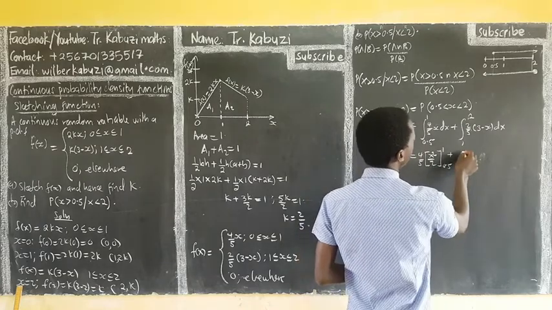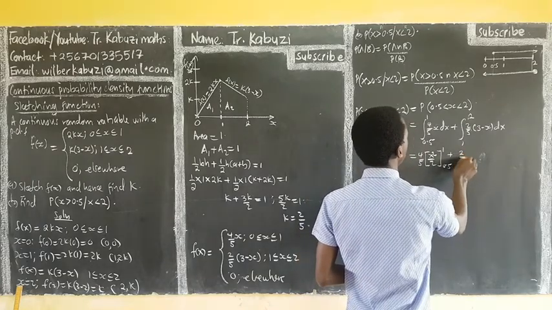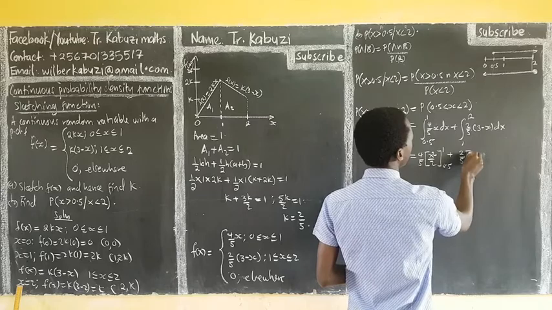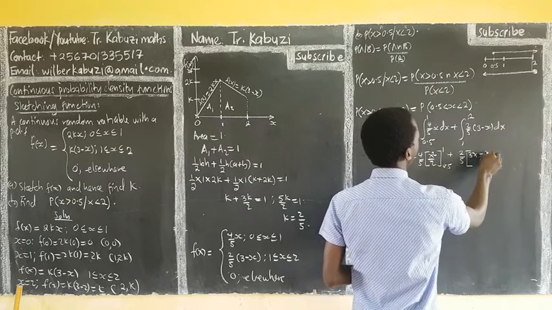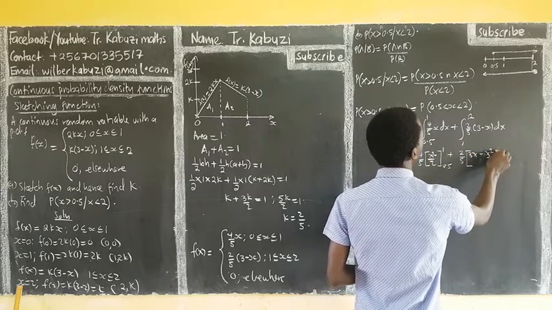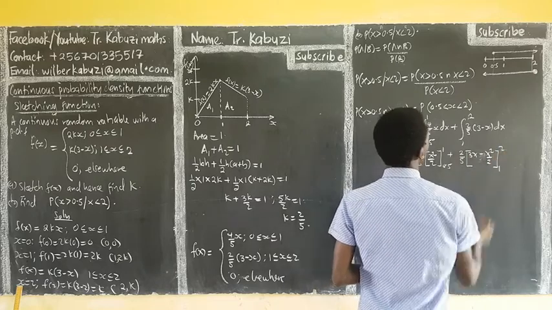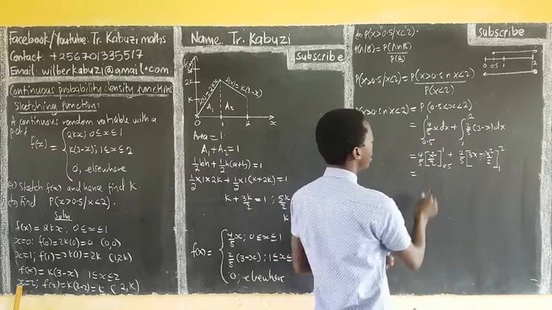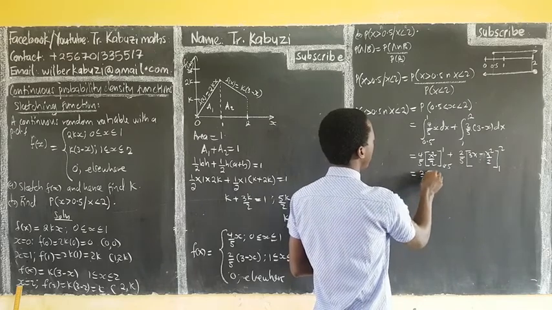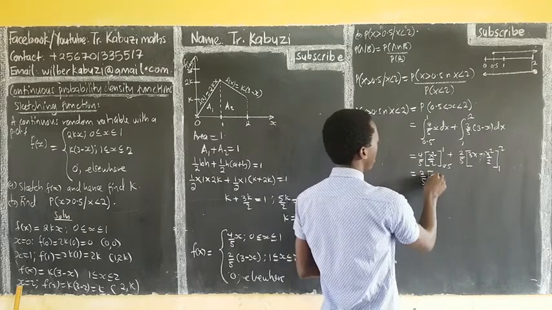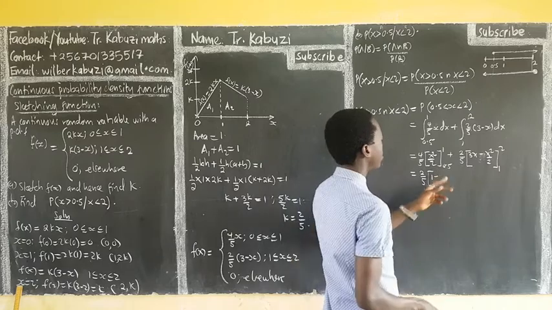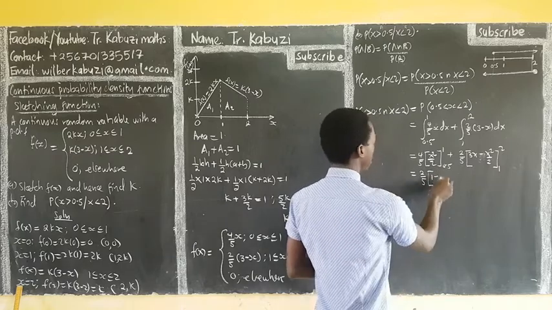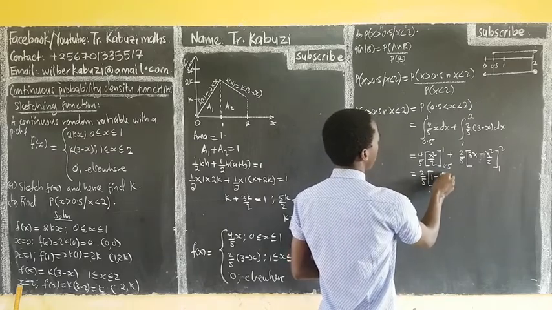After integrating it, we get 2 over 5 into... if you substitute, this 3 will cancel. So I have 2 over 5 into, when I square 1, I get 1, and when I square 0.5, I get a quarter.